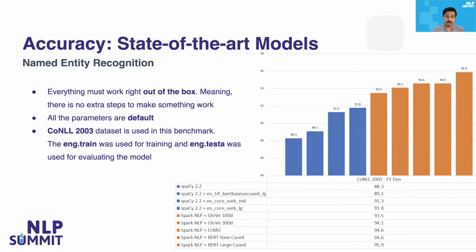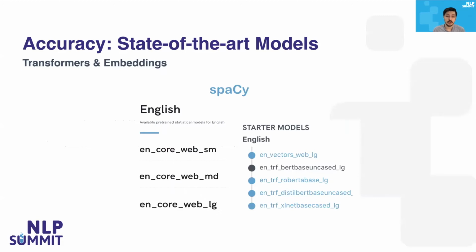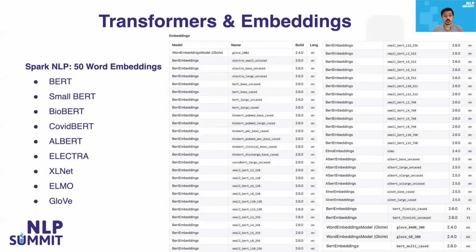The reason we chose to have everything right out of the box is that most open source libraries don't come with many word embeddings for transfer learning. For instance, spaCy only has 3 pipelines that can provide vectors and 4 models for new and advanced state-of-the-art transformers. However, Spark NLP comes with 50 word embeddings models right out of the box.